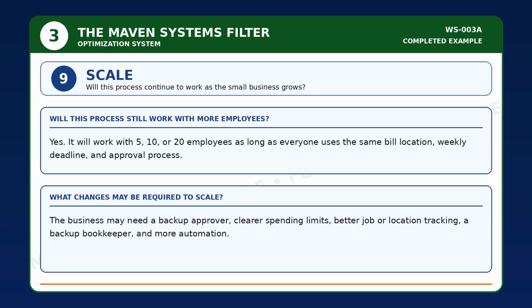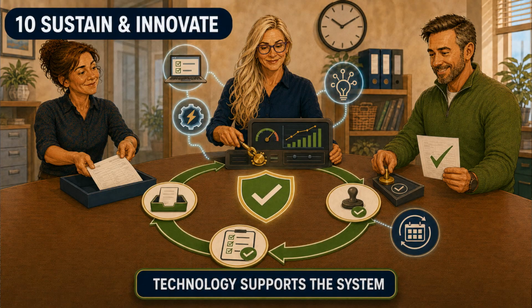The business may need a backup approver, clearer spending limits, better job or location tracking, and more automation. We do not need to build those systems today. Today, we're simply needing to make sure that our system does not block tomorrow's growth, the one system that we're putting in place here.